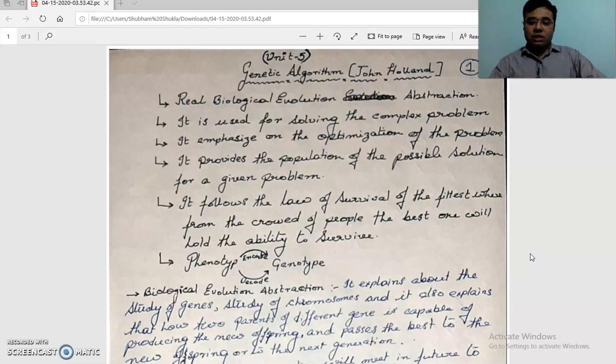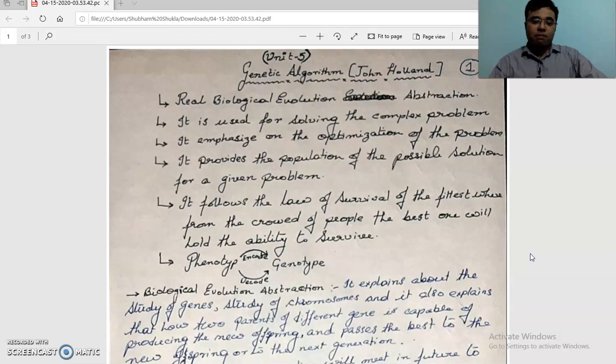Now the fifth point is that it follows the law of survival. As the name indicates, the genetic algorithm is a natural meta-heuristic algorithm. All these natural meta-heuristic algorithms follow the law of Charles Darwin, which is the survival of the fittest.